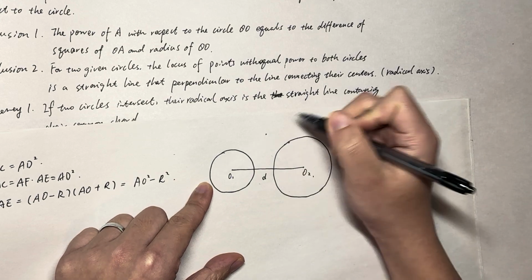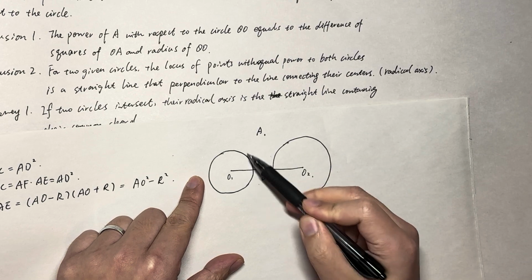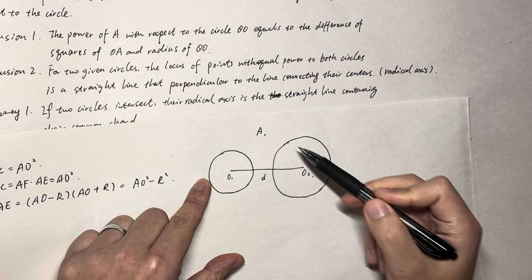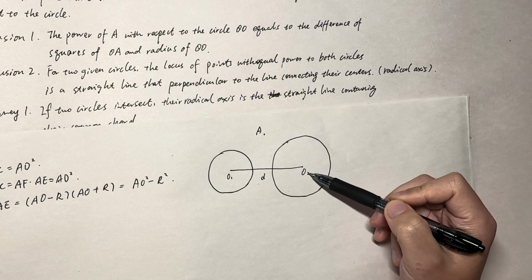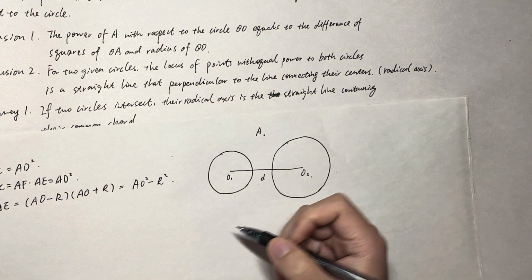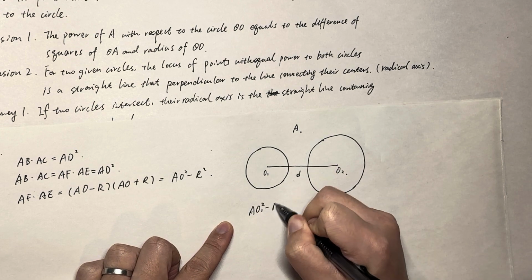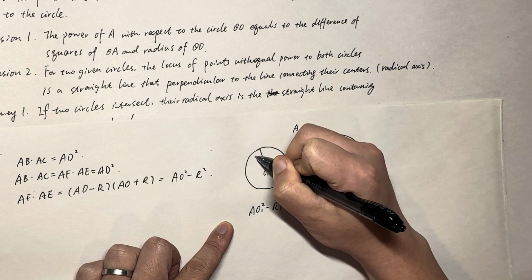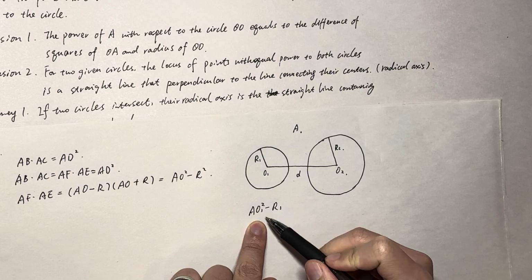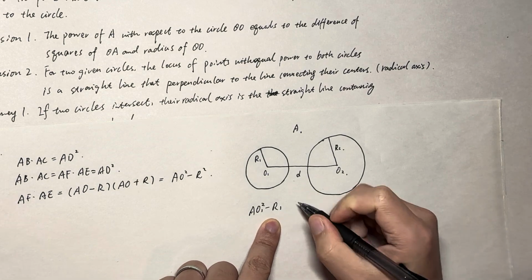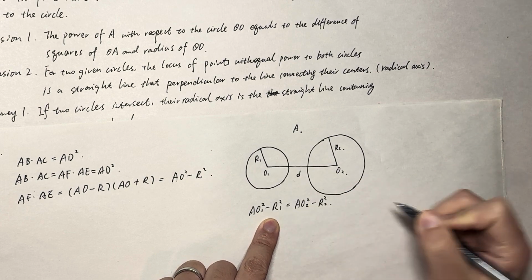And we know there is a point A that satisfies the power of A with respect to the circle O1 and the power of A with respect to the circle O2 being equal. This means AO1 squared minus R1 squared, where this is R1 and this is R2, equals AO2 squared minus R2 squared, right?